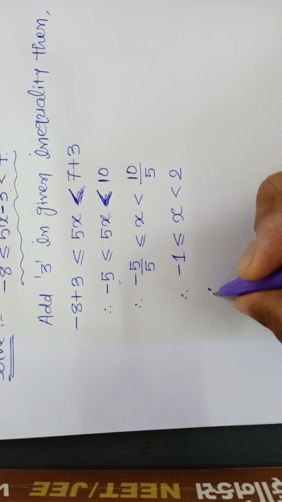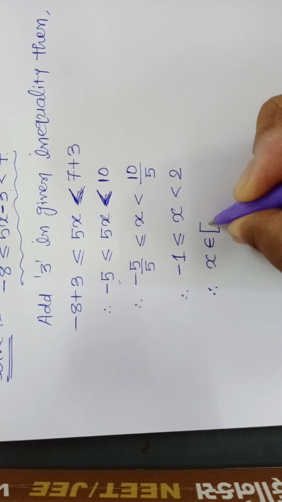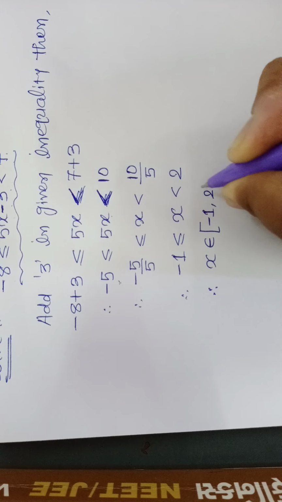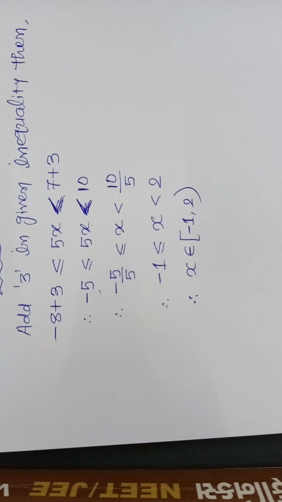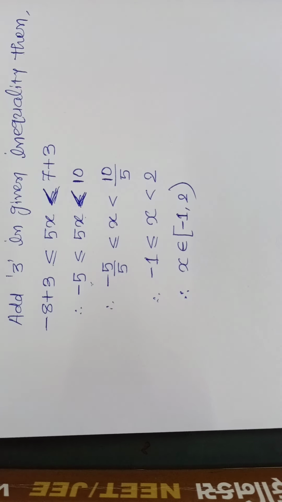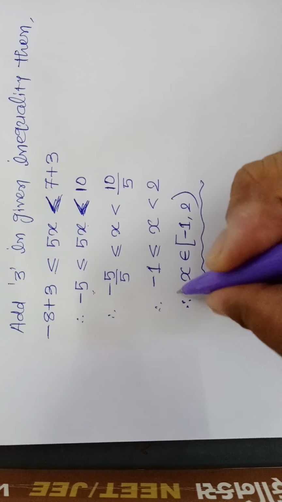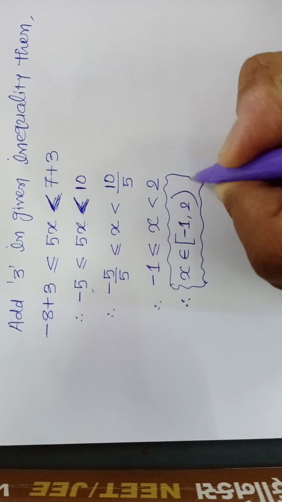So it means what? x lies exactly between -1 and 2. -1 closed, 2 open. So -1 closed to open is the answer, right? So therefore the solution is what? The solution is this, -1 closed, 2 open.